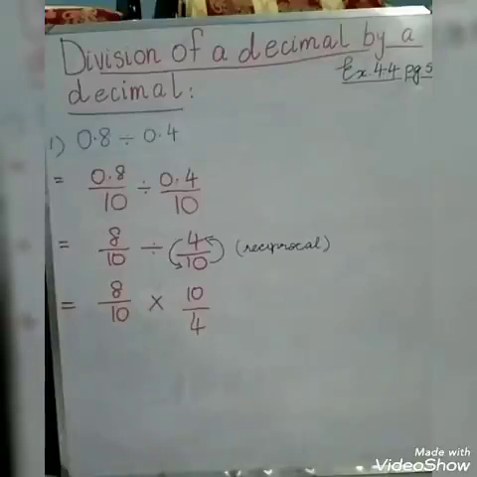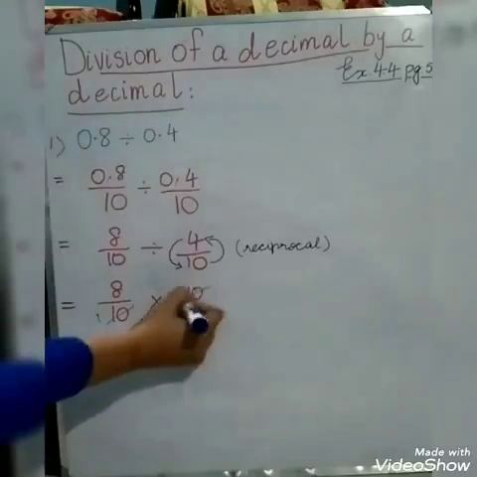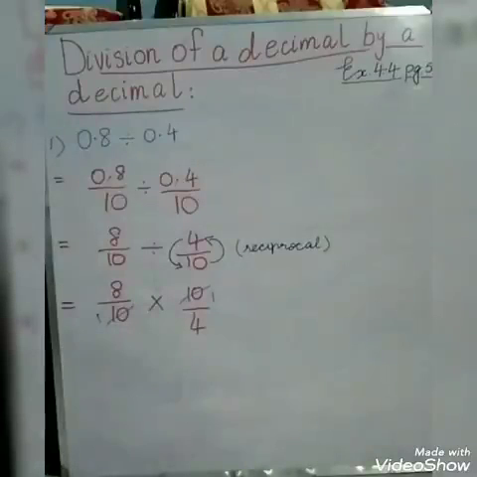Now, if you look at the numbers, we have 8/10 multiplied by 10/4. This we have already done before previously. So we can see that we have digits which are multiples of the same number. So we can cancel them out like 10 1 times and 10 1 times.